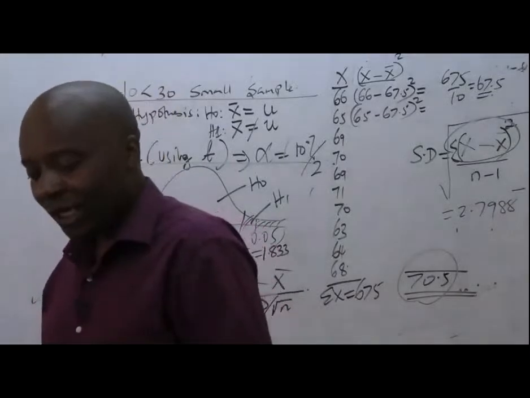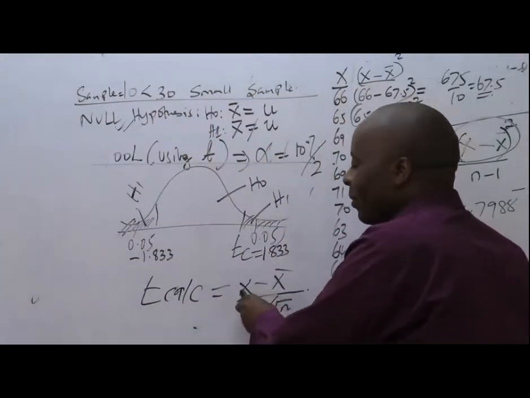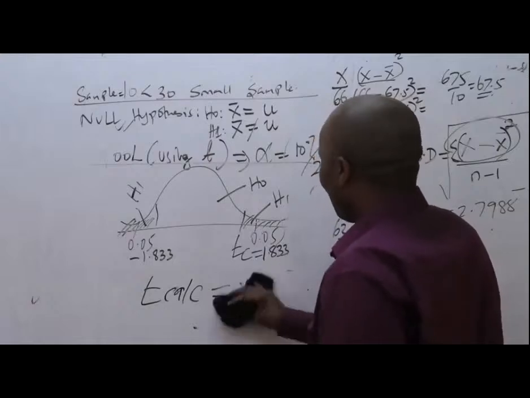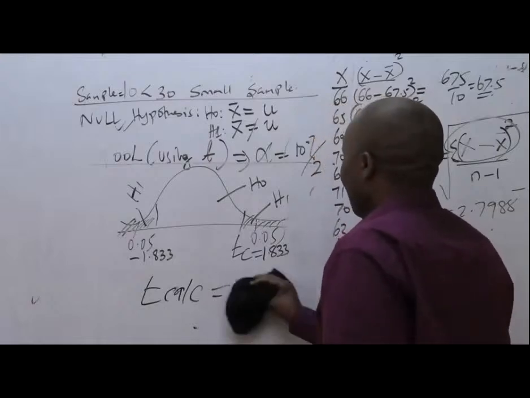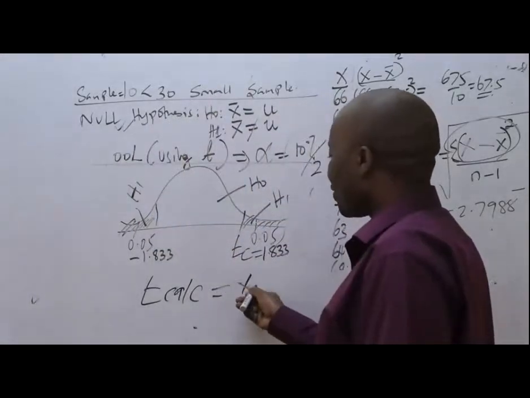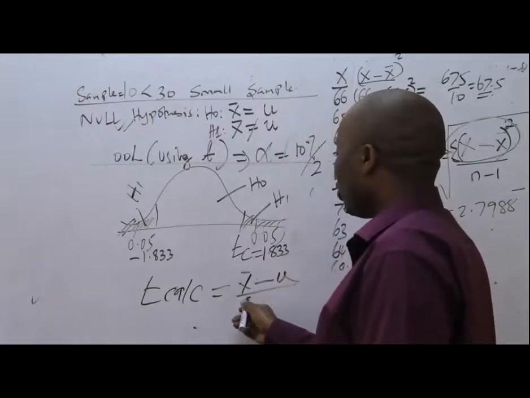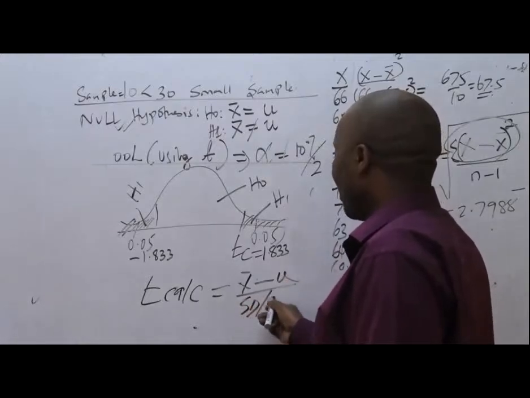Remember, the formula is, if you remember the Z, the formula here is X bar minus mu, all over standard deviation divided by root n.